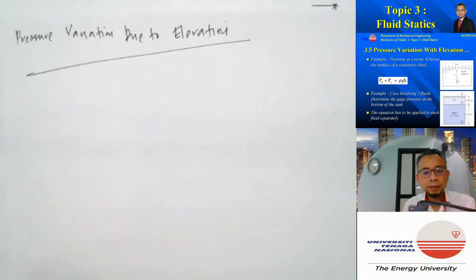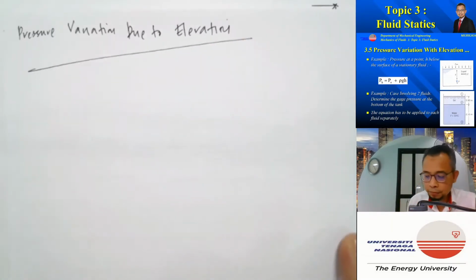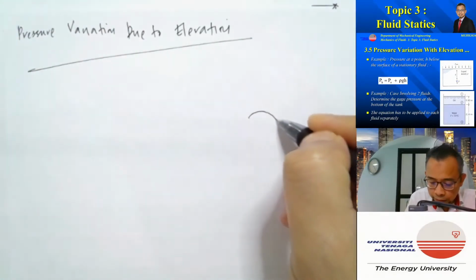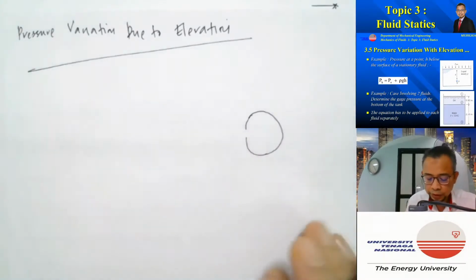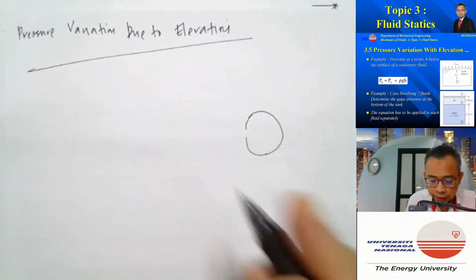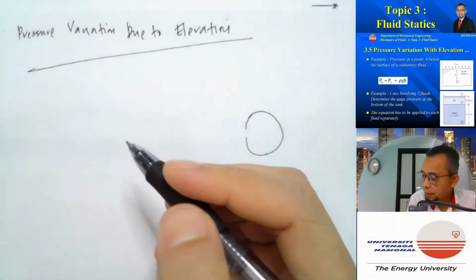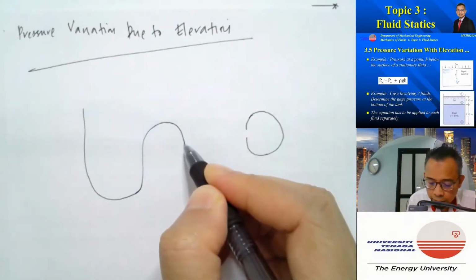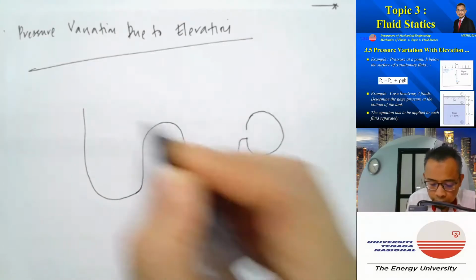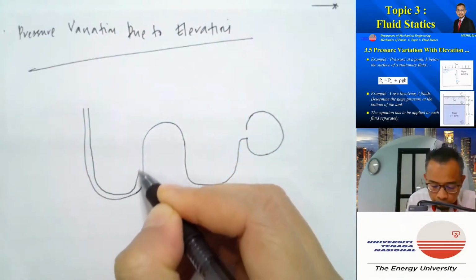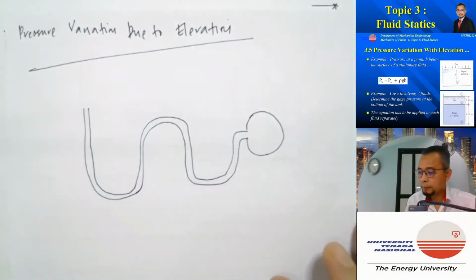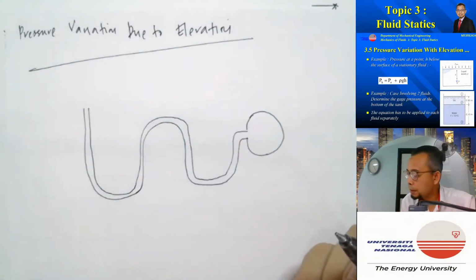So now let's say we have a manometer system which is being used to measure pressure inside a pipe. Let's say we have a pipe here, viewing from the cross section of the pipe, and this is connected to a manometer system that looks like this. Let's say we are using 3 fluids.